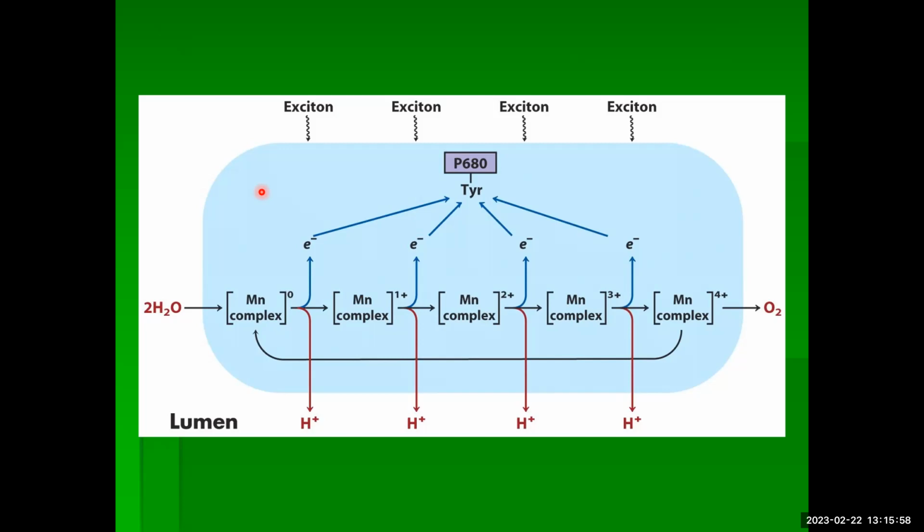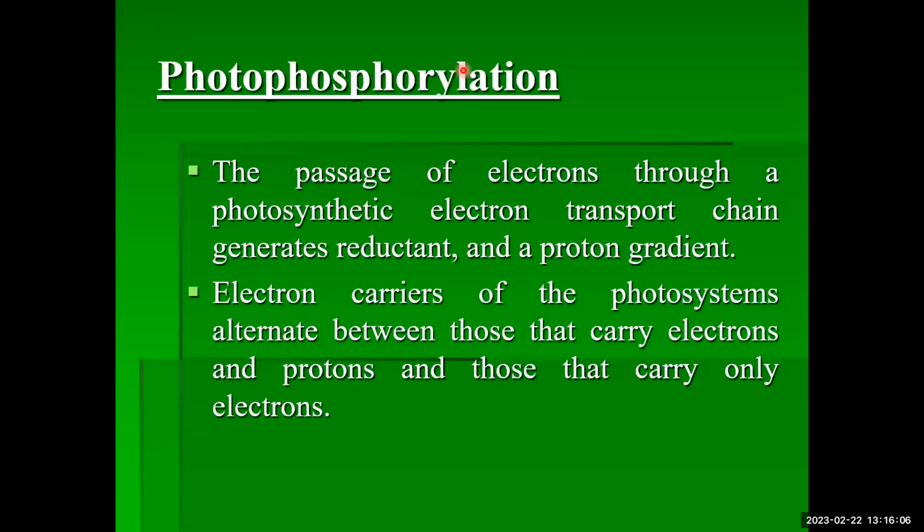The exciton energy is the energy that drives this reaction from here to here. Those electrons released from the central reaction center photosystem pigment go through an electron transport chain.